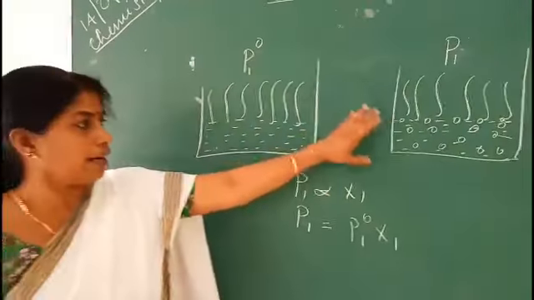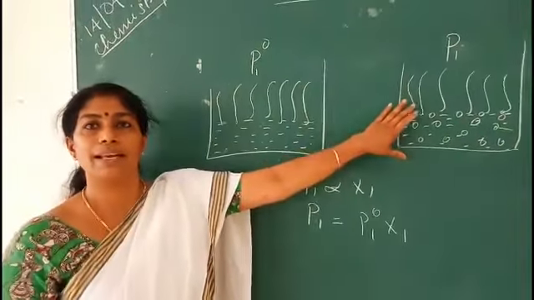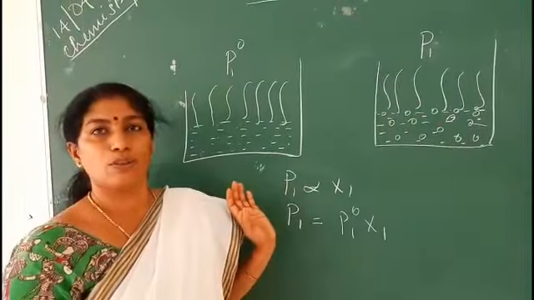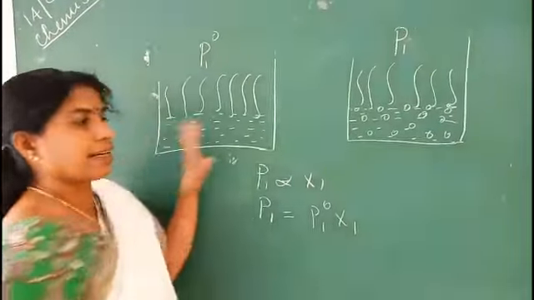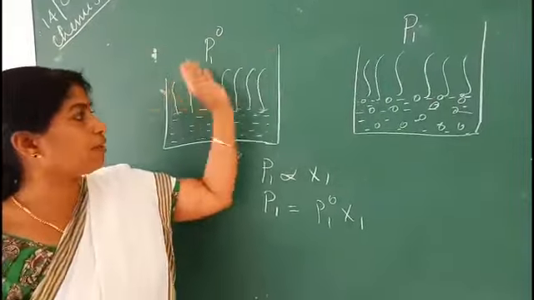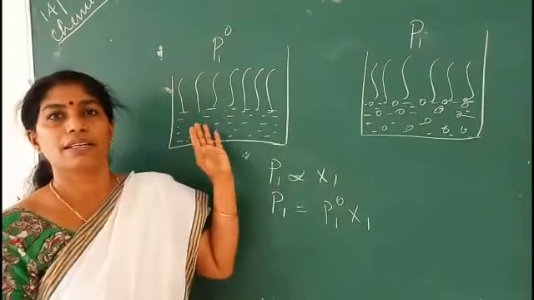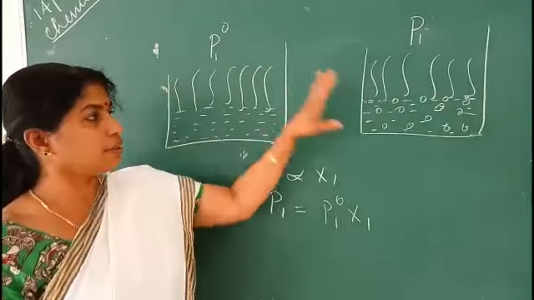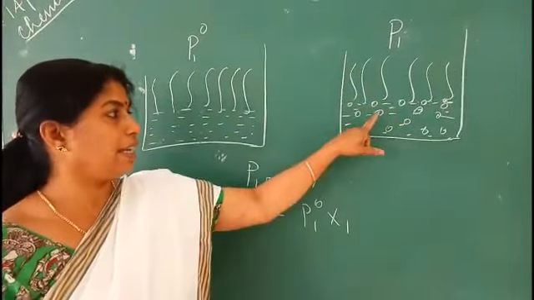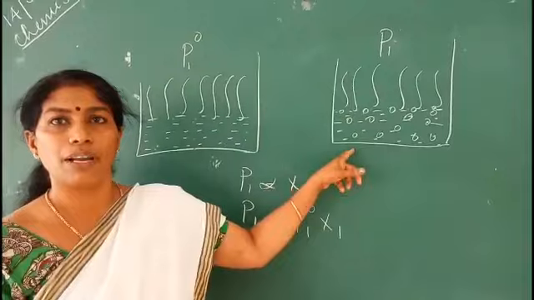This is for a solution containing a volatile liquid and a non-volatile solute. Earlier what we studied was Raoult's law for the binary liquid mixture containing two volatile liquids. Now this is for a solution containing a non-volatile solute in a volatile liquid.